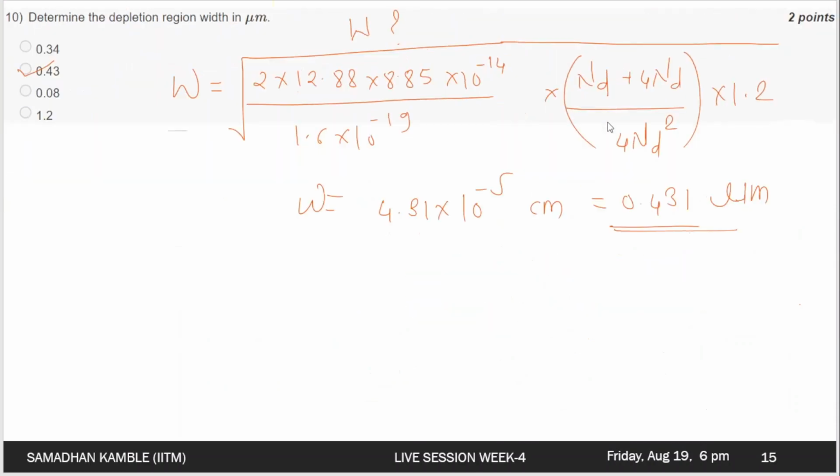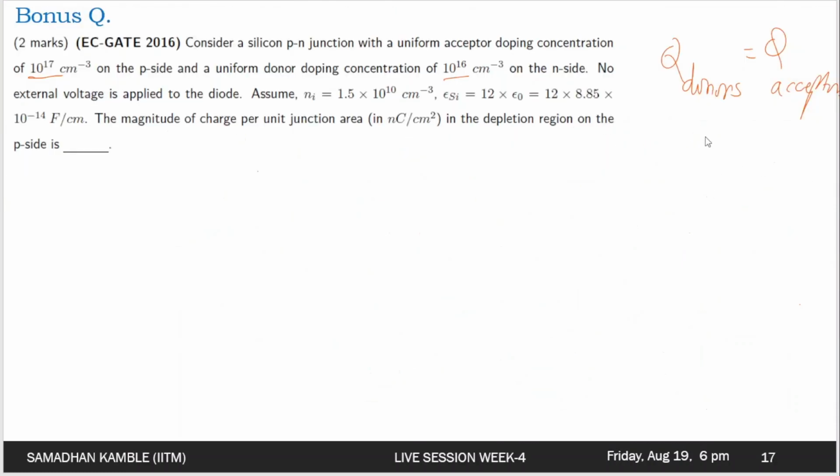So we can write it as, okay, the charge on the P side is this, which is for the acceptors, and this is for the donors. So we need to find out the charge, this particular value.